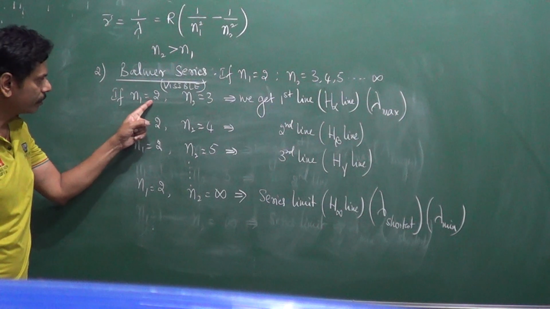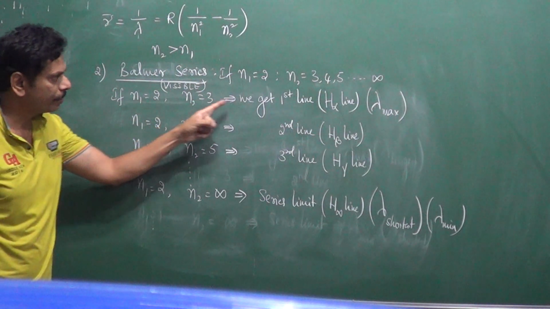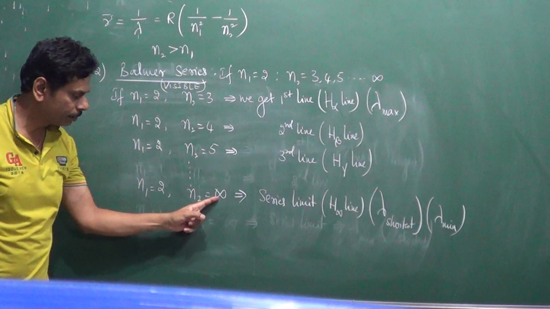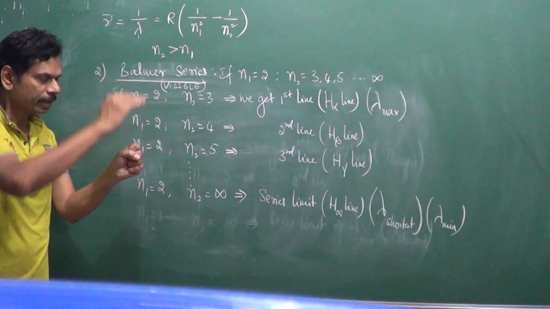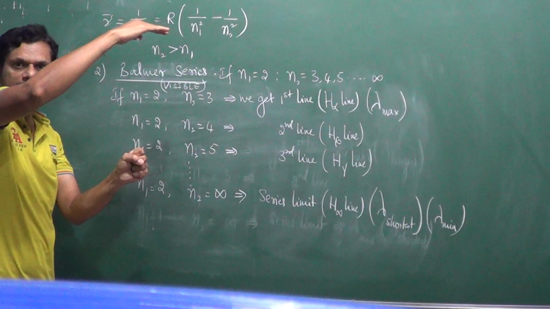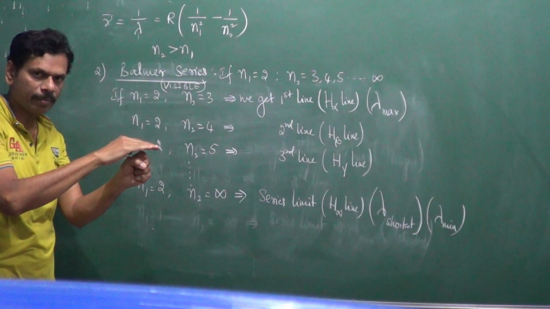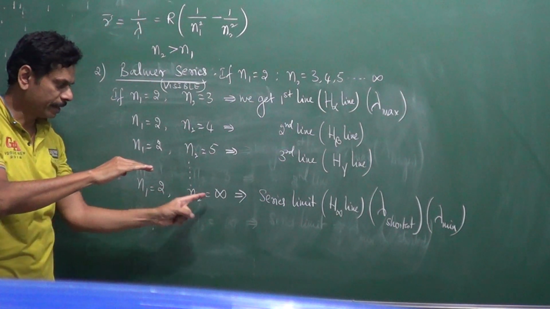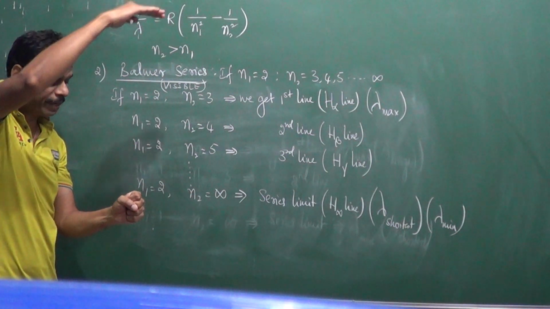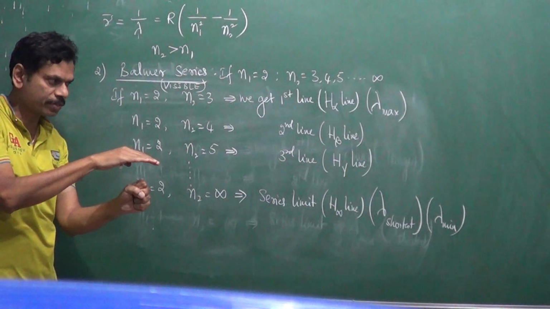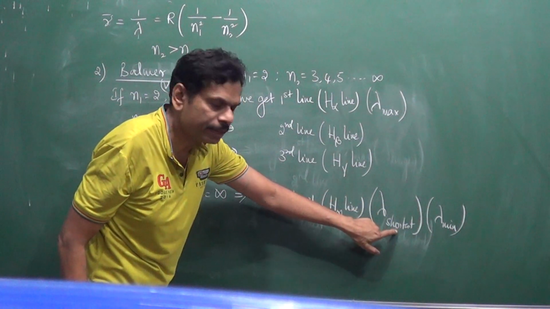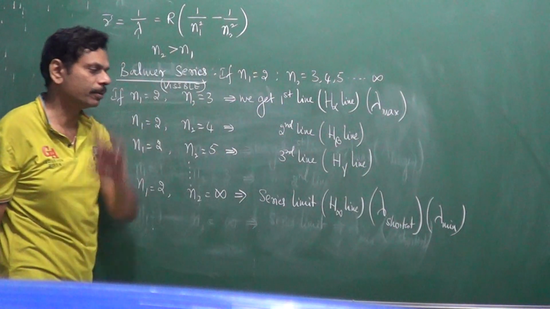You can observe that n1 is equal to 2, n2 is equal to 3 gives the lambda maximum. For n1 is equal to 2, n2 is equal to infinity, the electron jumps from the maximum level to the second level, so the energy liberation is the maximum here, and therefore lambda is the minimum.